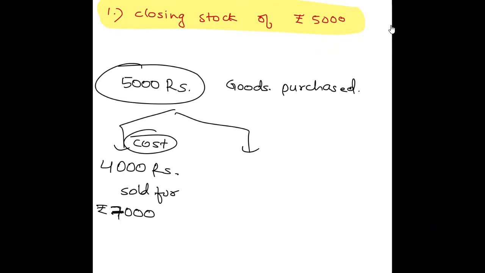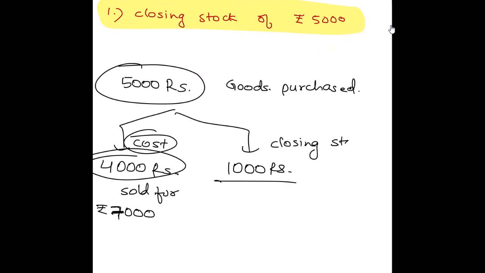Very simple, sir. If I have purchased 5,000 rupees cost of goods and out of which I have sold 4,000 rupees, I am left with now 1,000 rupees of closing stock. This is my closing stock. Now what people were doing?